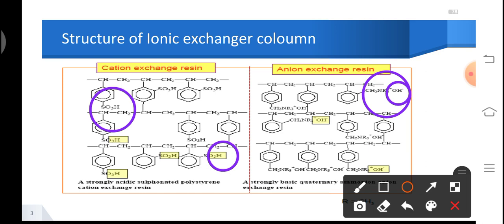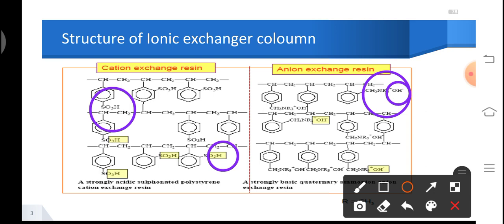Once the water is allowed to pass through the cation exchanger column, where the protons are exchanged by the cations, and all the cations are removed, this softened water is then allowed to pass through the anion exchanger column. And here in the anion exchanger column, the anions like chlorides, sulfates, nitrates, etc. are removed with the help of hydroxyl ions.